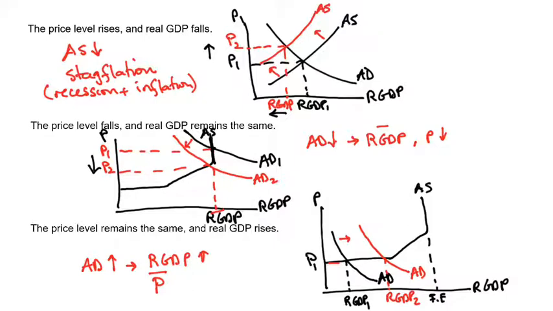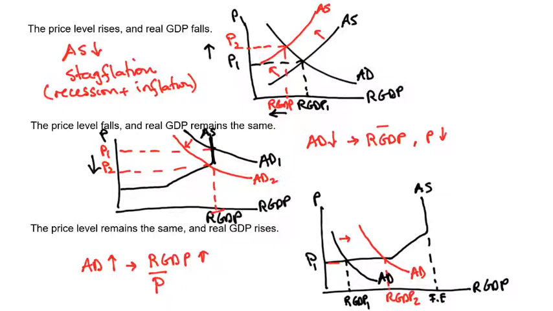because we're operating below full employment, and at this level of real GDP, there are many idle resources. There's a lot of unemployment of labor and capital. As we increase aggregate demand at this level of real GDP, we're using those idle resources, and increasing AD is not actually pushing the prices up because, again, we have plenty of resources.